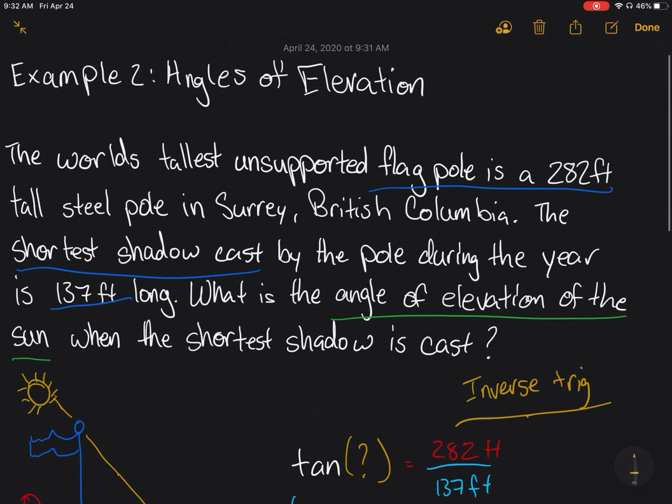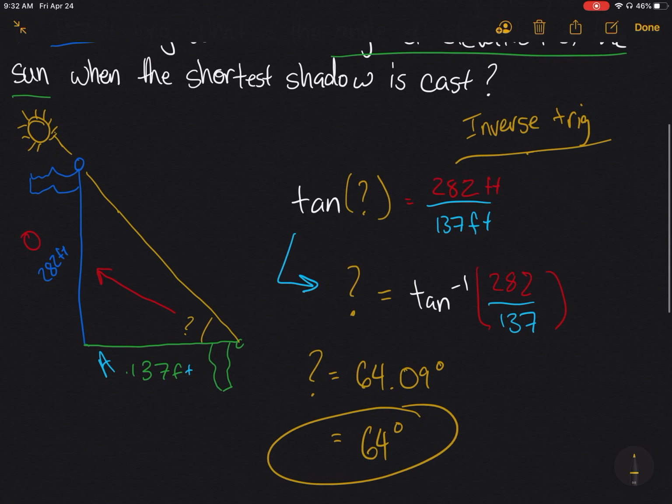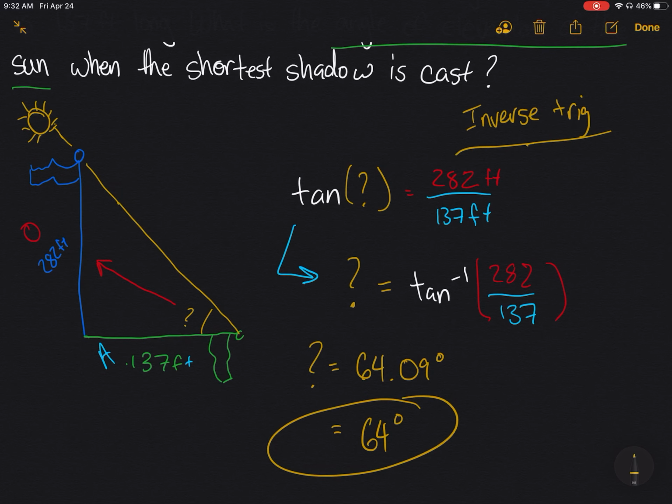So really, once we got the triangle built, it was a pretty simple trig problem. The key is just remembering that an angle of elevation is going up, and it's the angle at that bottom side of the triangle that's not the right angle. So it's important to be able to distinguish between the two, and once we did that, we were able to figure out what the angle of elevation to the sun was.